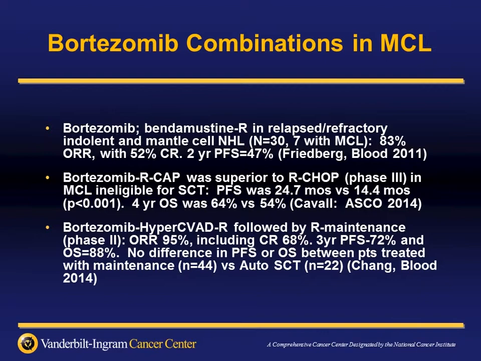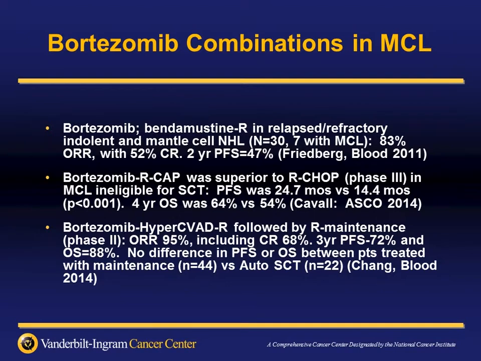And this was just reported in the New England Journal of Medicine. In the abstract form, the progression-free survival was 24.7 months versus 14.4 months, and the overall survival was 64% versus 54%, favoring the introduction of bortezomib to CHOP, basically replacing vincristine.